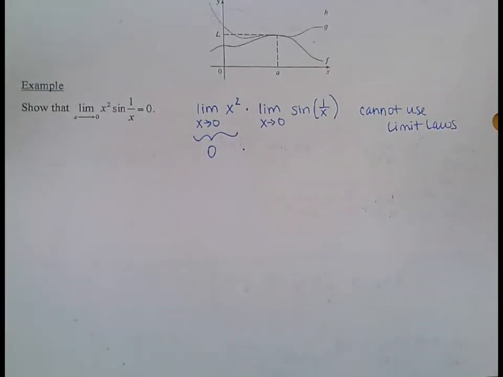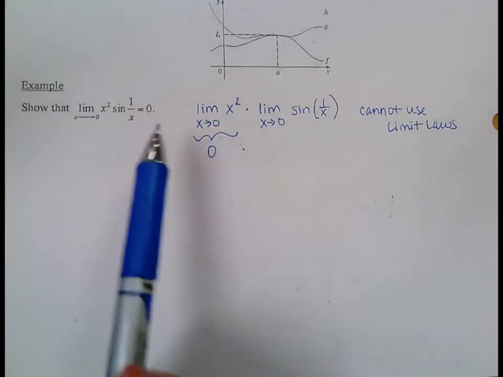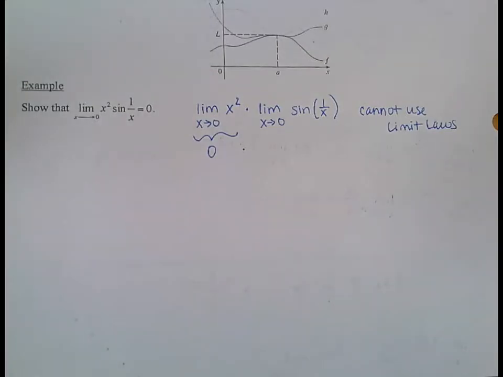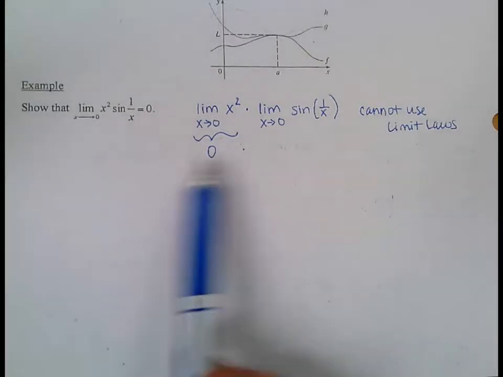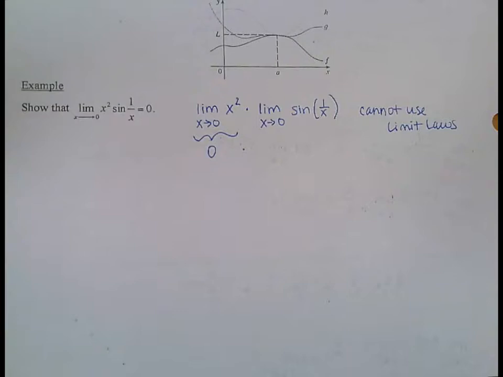So in a case where limit laws don't work, and the methods that we used in the examples on the front side also don't work, this isn't piecewise, so approaching from the left and from the right isn't going to change the fact the limit laws aren't working. We need something else to use, and in this case, the squeeze theorem is going to work.